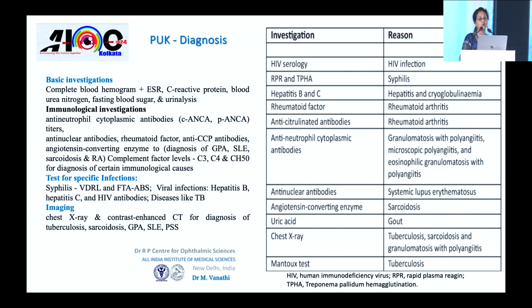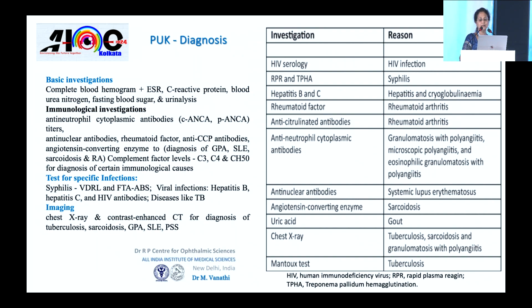A quick run through of what you need to do when you're looking at a PUK which is associated with a systemic disease. The first and foremost is simple blood investigations for the patient. You would look at C-reactive protein, the nephrology investigations, immunological investigations will include C-ANCA, P-ANCA, antinuclear antibody titers, rheumatoid factor if you're looking at a rheumatoid-induced pathology, anti-complement factors, ACE, and specific tests for any suspected infections like syphilis, tuberculosis, sarcoidosis, and imaging pertaining to this suspected infection needs to be done.